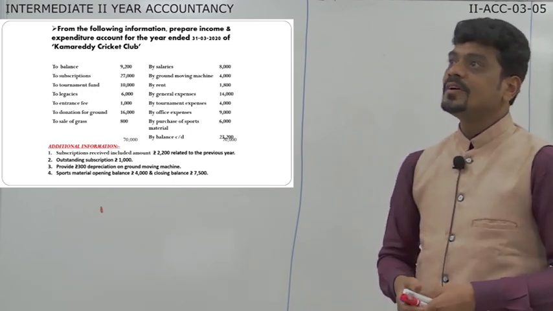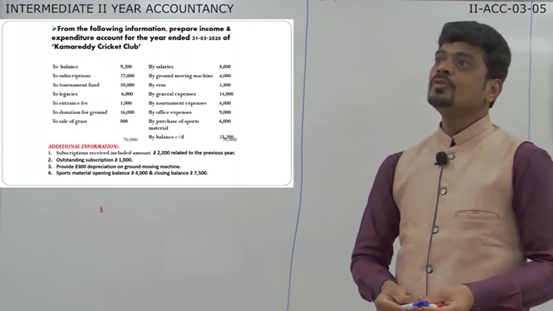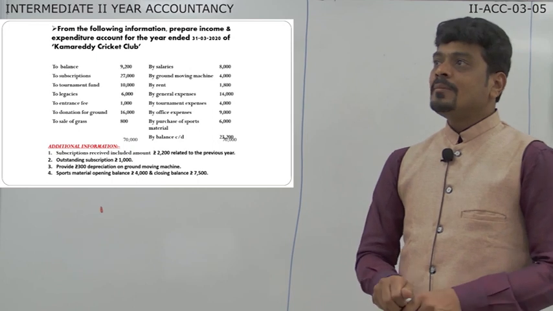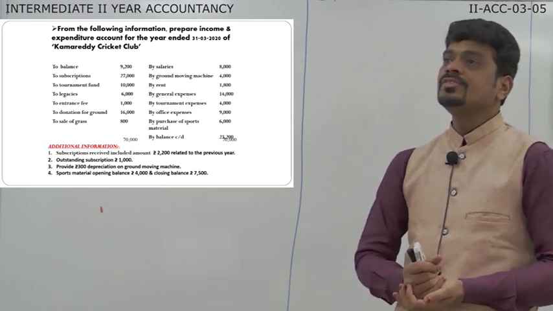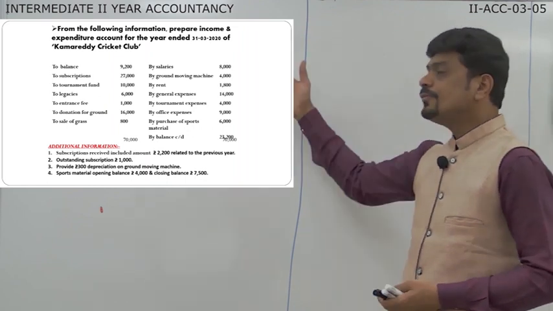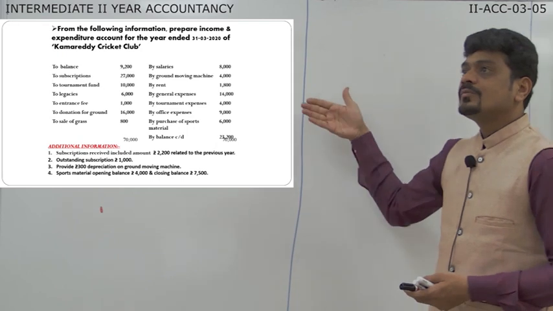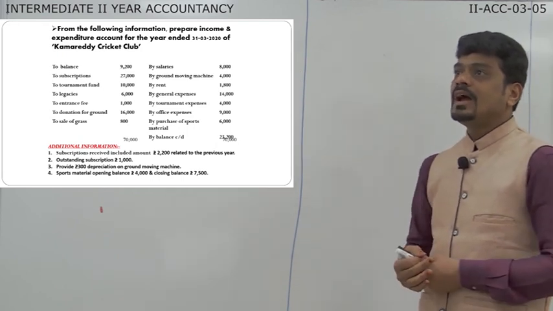So here is the first problem for you all, and the question says you are supposed to prepare the income and expenditure account for Kamareddy Club for the year ending 31st March 2020. If you see the question, you are able to see the different items.